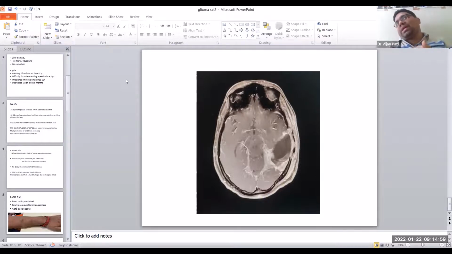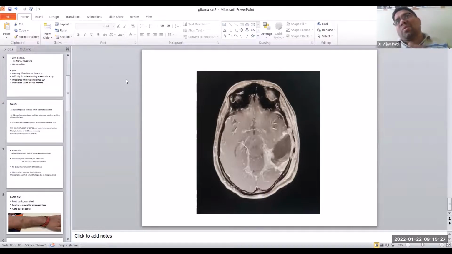So if the patient is not a very good follow-up candidate, or if the patient has residual disease, or the patient has a history of seizures prior to the surgery, with seizure as a presenting feature, it's better to give radiation, which will be like a 1.5 month course. Here itself, I'll finish off how much dose of radiation needs to be given.